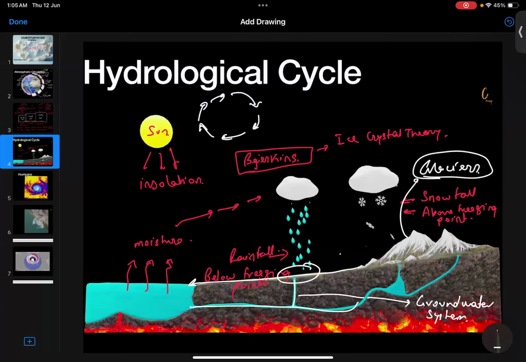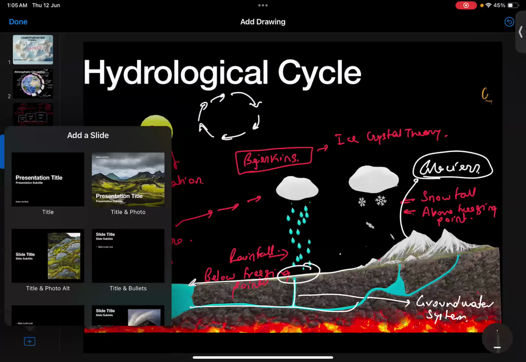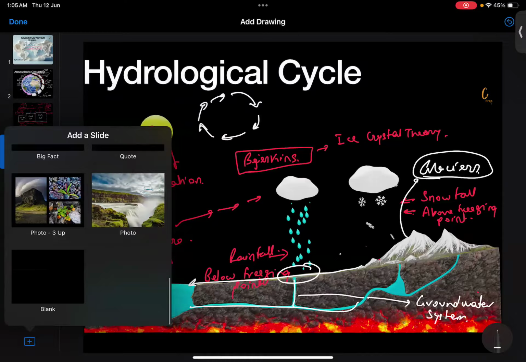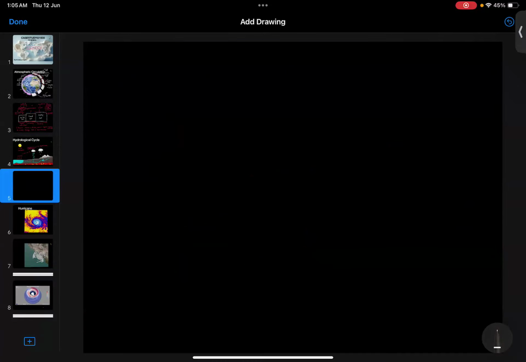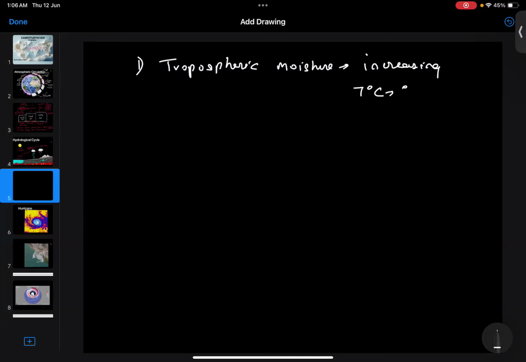Now, what has happened in the recent context? We'll be discussing what has happened in contemporary time. So here we are seeing that the tropospheric moisture is increasing almost 7 percent per 1 degree Celsius rise in temperature.